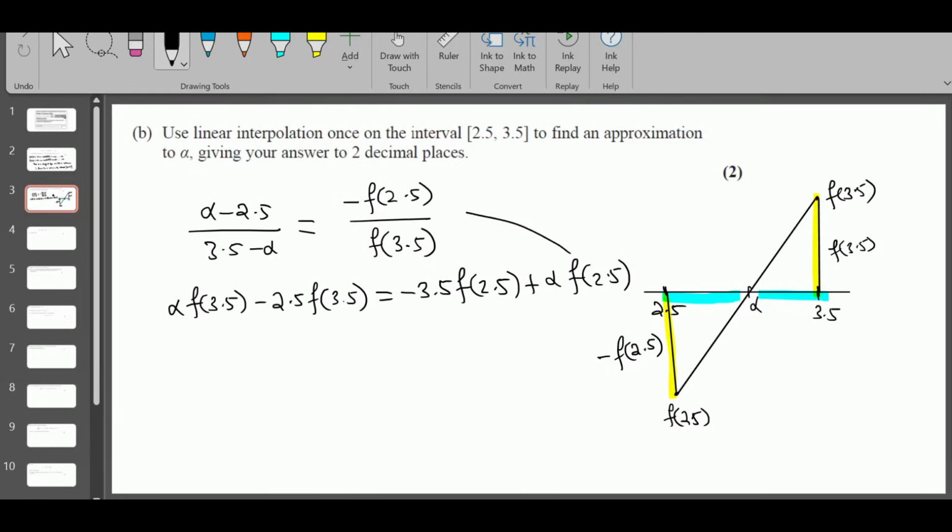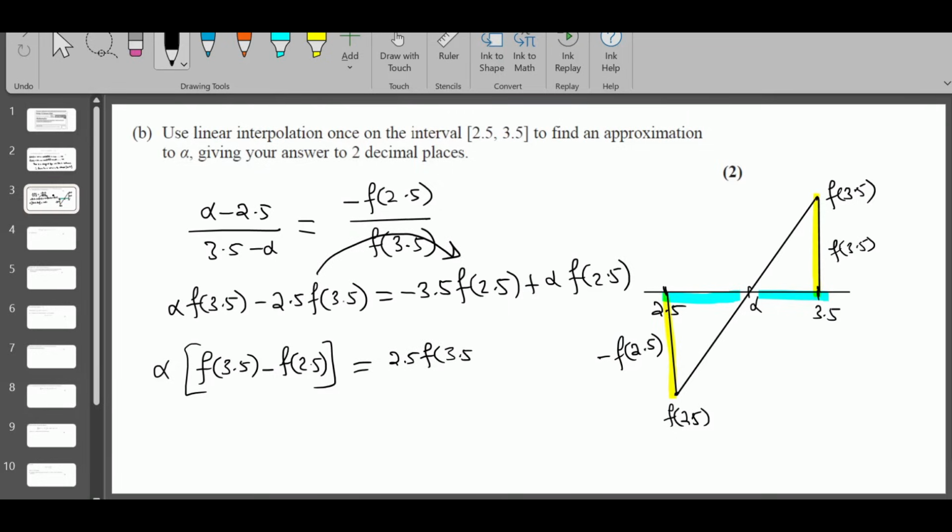And then bring this term here and take alpha as a common factor out. You will get alpha times f of 3.5 minus f of 2.5 is equal to, move this term this side, 2.5 f of 3.5 minus 3.5 f of 2.5.